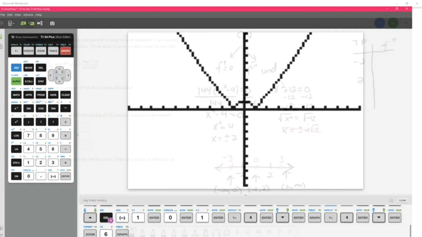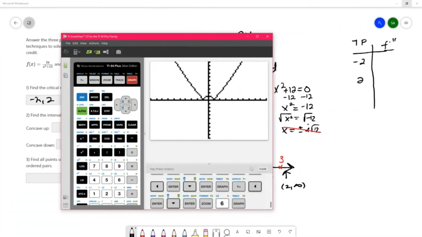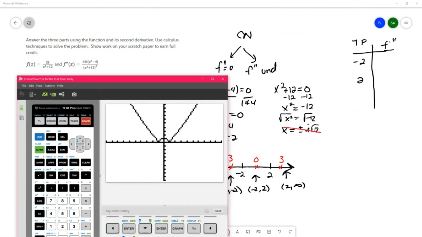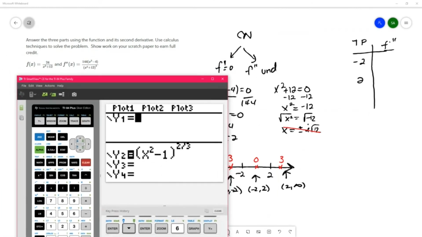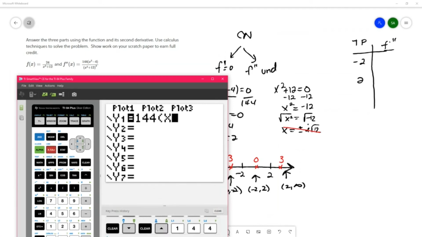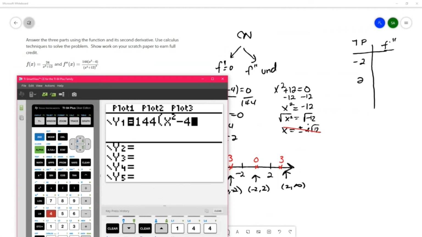Let's use our calculator. I'm going to type into the y equals menu the second derivative, which is 144 times x squared minus 4 over x squared plus 12 to the third power.